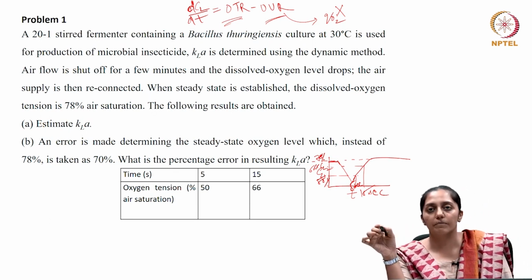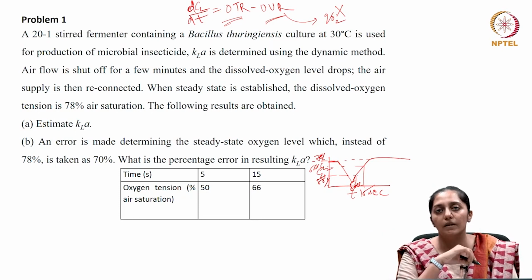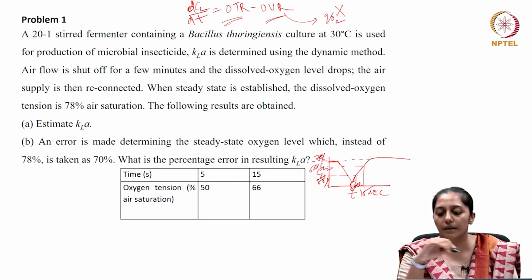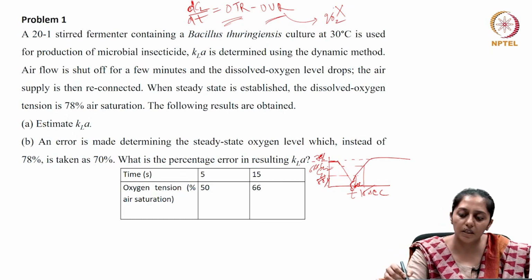And if you remember the assumptions in the dynamic method while calculating KLa, it was that during this process of data collection and finding the value of KLa, the biomass is not changing. So we can assume the consumption term to be the same.